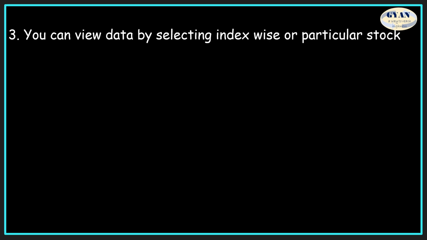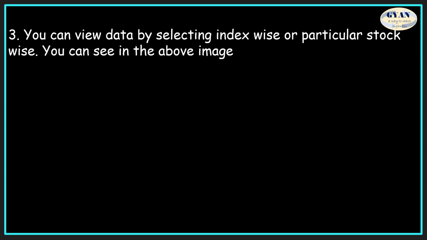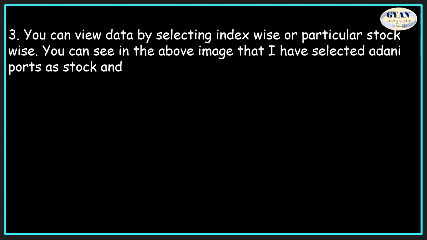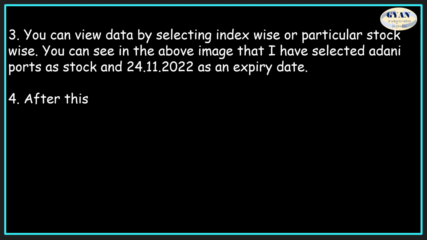Third, you can view data by selecting index wise or particular stock wise. You can see in the above image that I have selected Adani Ports as a stock and 24 November 2022 as expiry date. Fourth, after this, you will see the option chart like below.